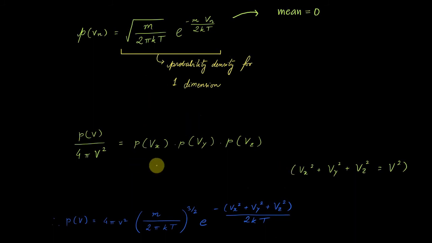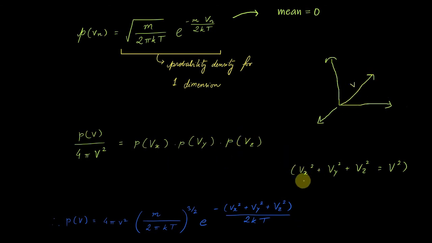So just to summarize that derivation, it's basically like you pick a velocity in the x direction from this distribution, and you do the same for y and z, and then you multiply them because they're independent, and that would result in getting a vector like this with magnitude v.